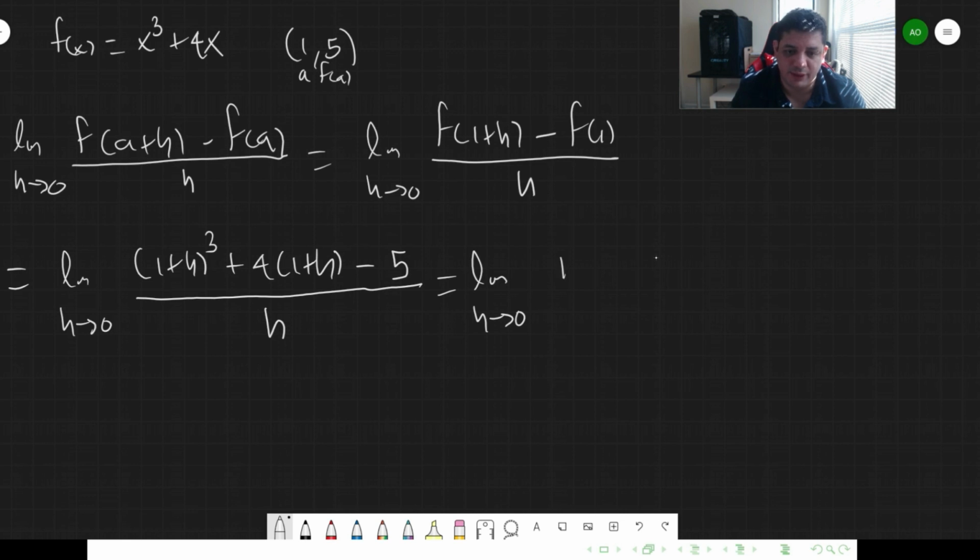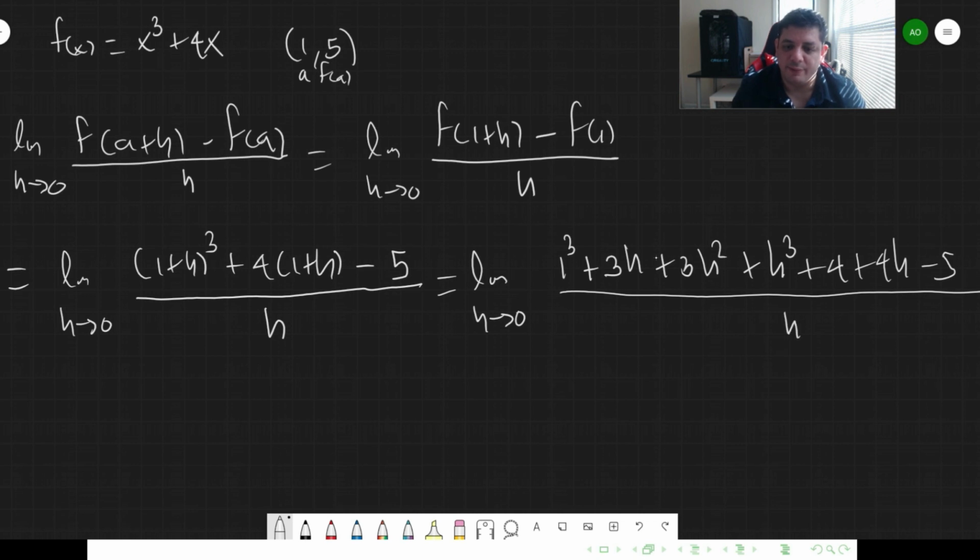This is going to be 1 cubed plus 3 times h plus 3 times h squared plus h cubed. And that's opening the binomial cube, plus 4 plus 4h minus 5.